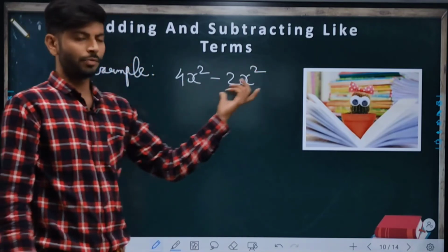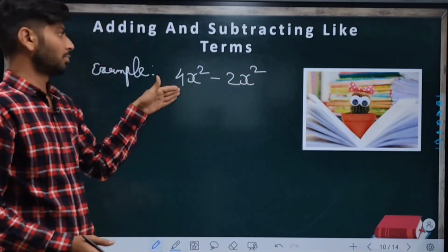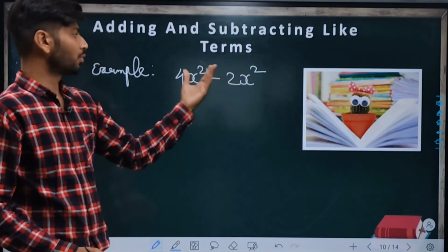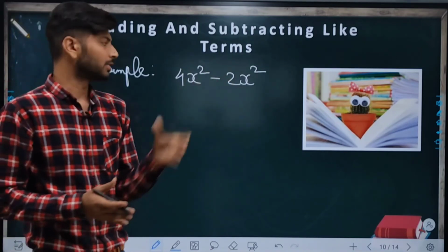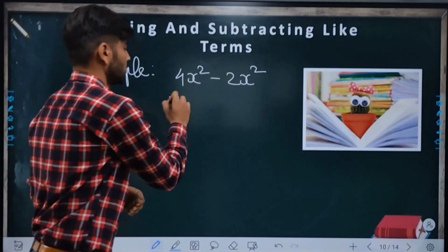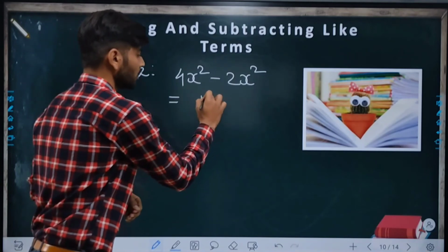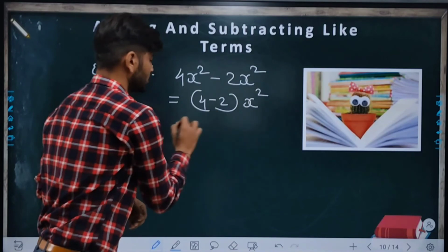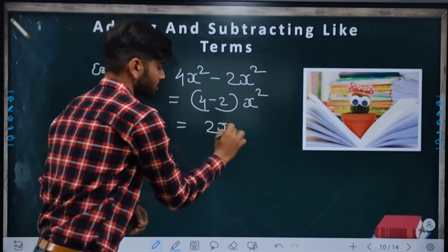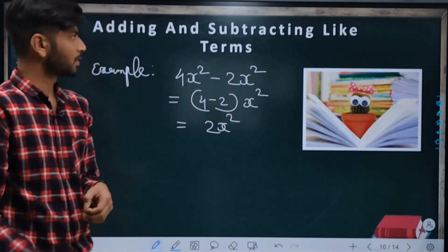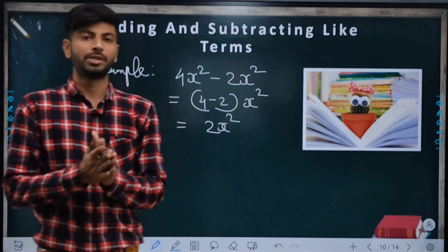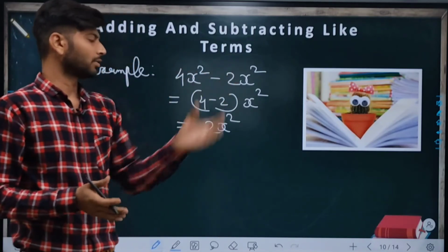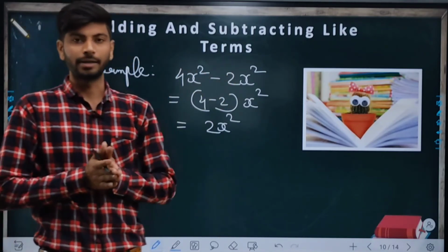Similarly we will subtract the numerical value and put the algebraic value as it is. So 4 minus 2 and x square as it is. So we will get 2x square. Now you understand how to add and subtract like terms.